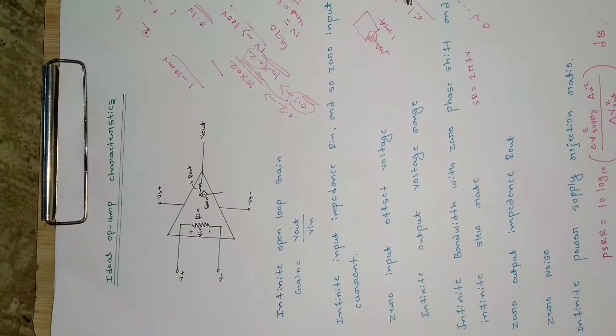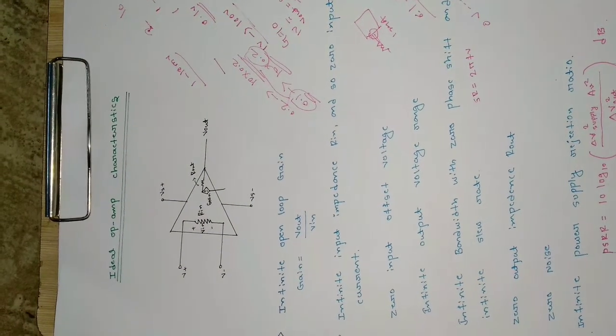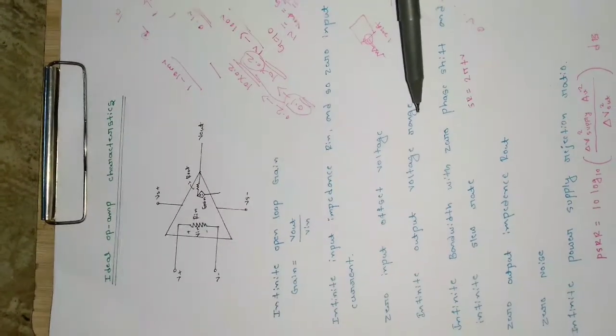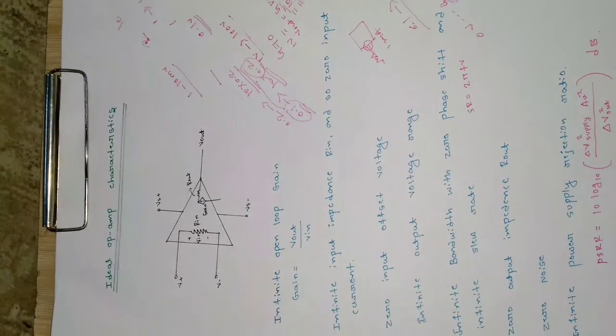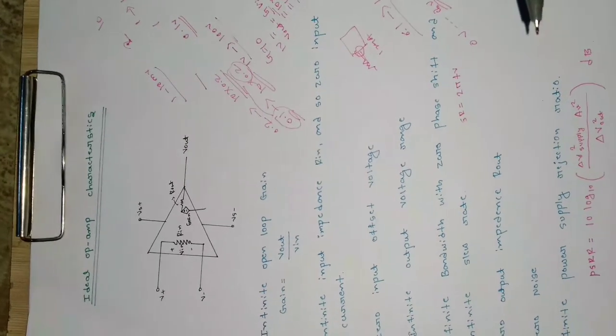Then coming to the next point, infinite bandwidth with zero phase shift and infinite slew rate. Infinite bandwidth is basically the same as the infinite output voltage. The output voltage should be very high, and it should be variable.